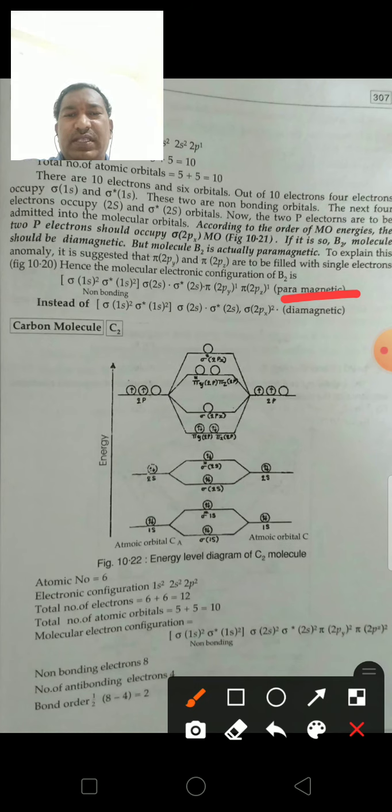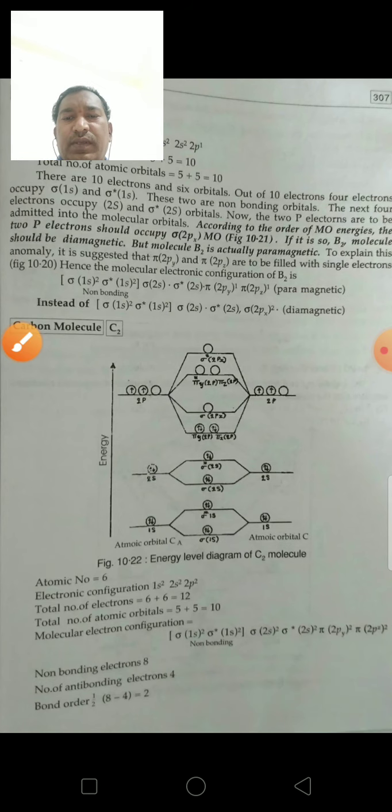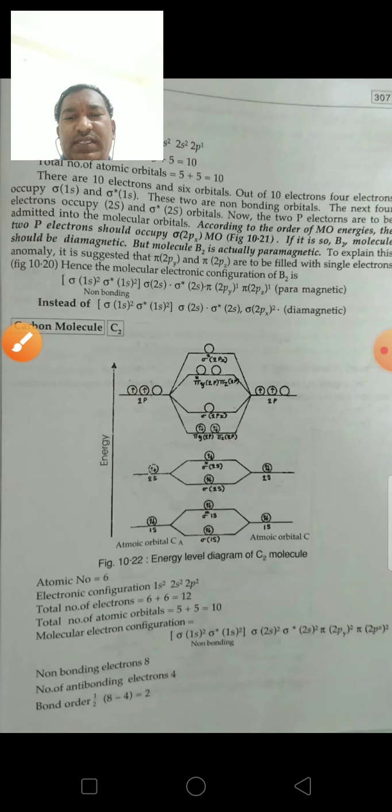Okay, next see the carbon molecule. The atomic number of carbon is 6. The electronic configuration is 1s2, 2s2, 2p2, 6 electrons. So the total number of electrons in the carbon molecule is 6 plus 6, 12.